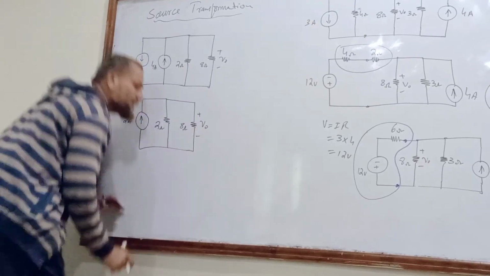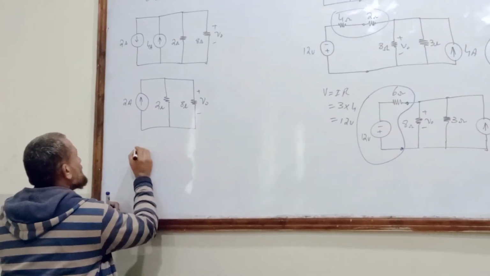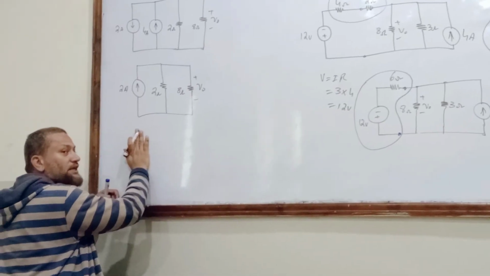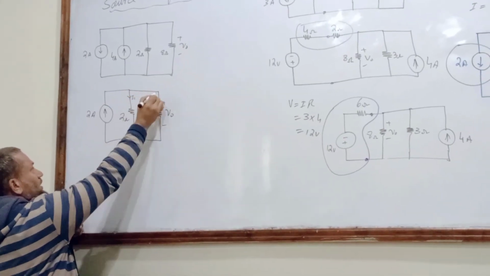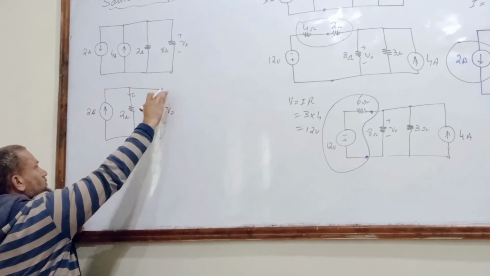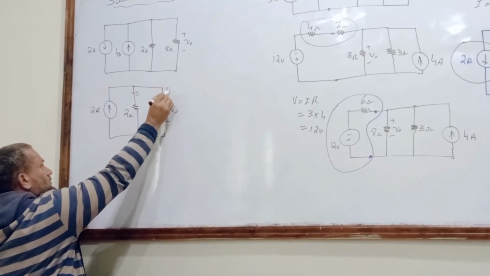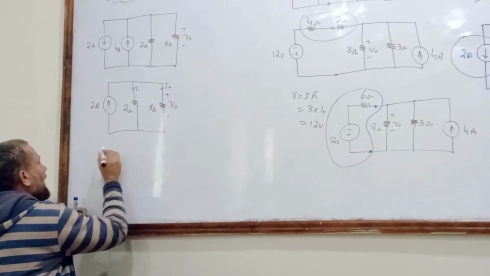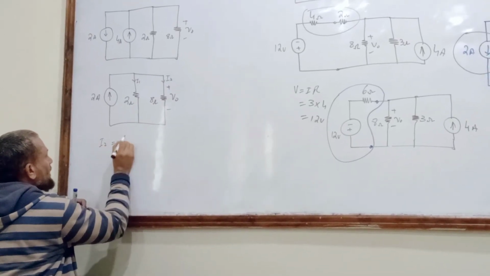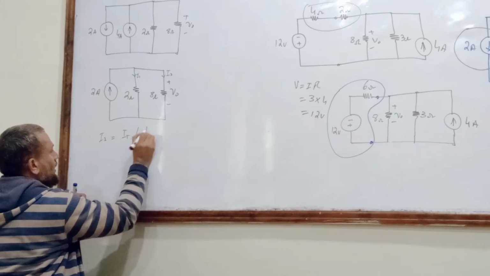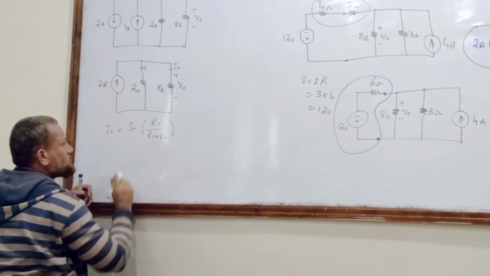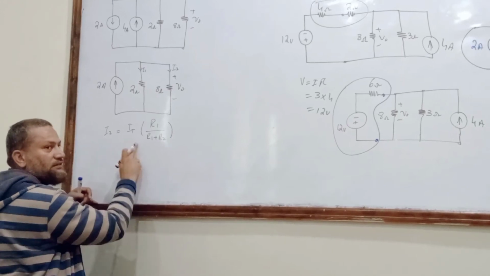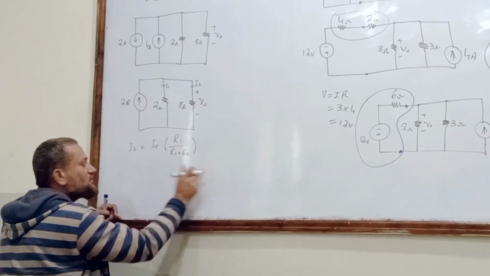Understand? Now what is the current to the 8 ohm resistor? That is by the current divider formula. For example, here is I1, here is I2. And how much is I2? That is I total times R1 over R1 plus R2. This is the current divider formula.